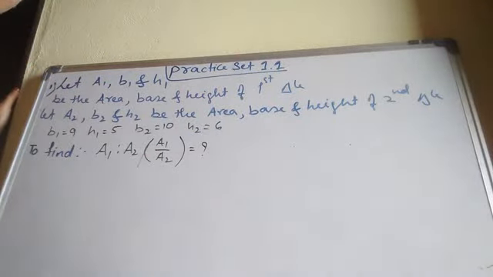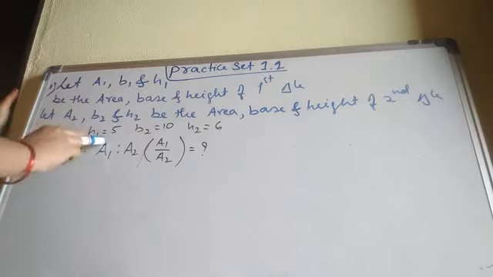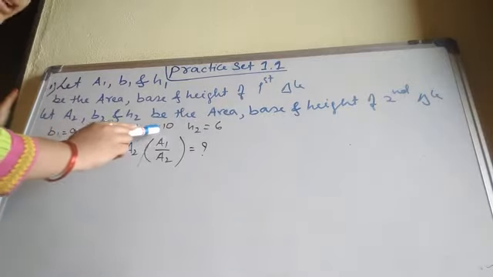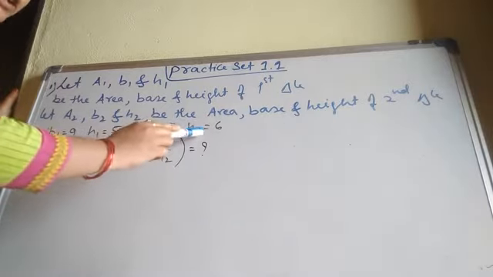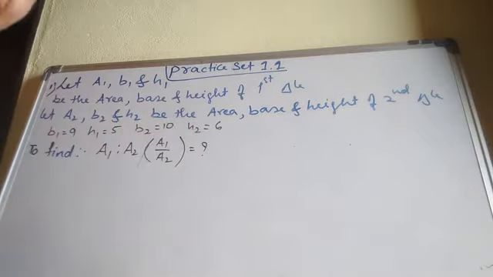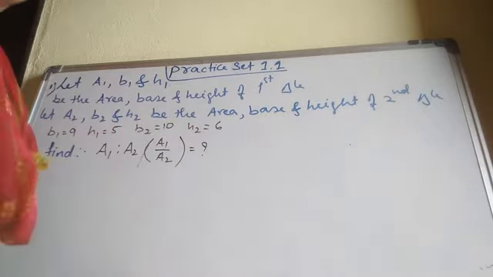To find: A1 upon A2, otherwise A1 is to A2. And he has given the values of base and height: B1 equal to 9, H1 equal to 5, B2 equal to 10, H2 equal to 6. Find A1 upon A2.